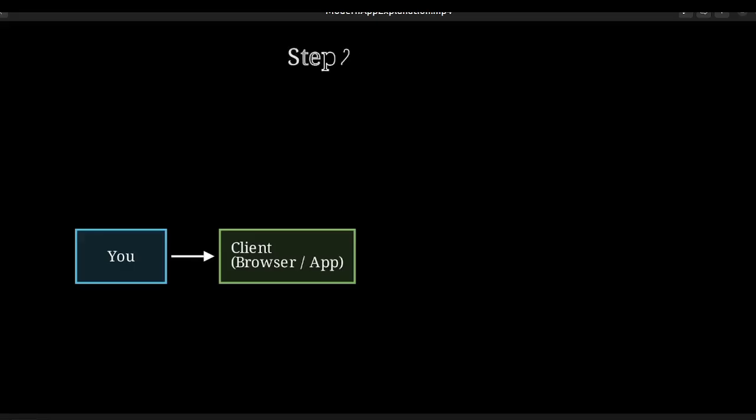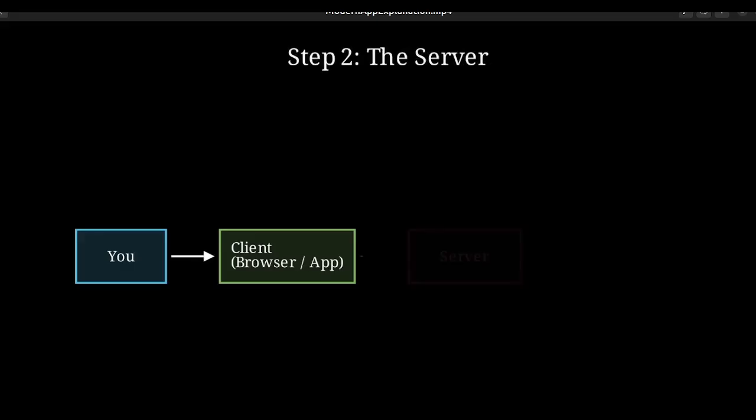And what is the client here? The client here is your browser or app through which you are connecting to the server. And how will the server know what you are actually asking? So yeah, you enter a domain name for them.